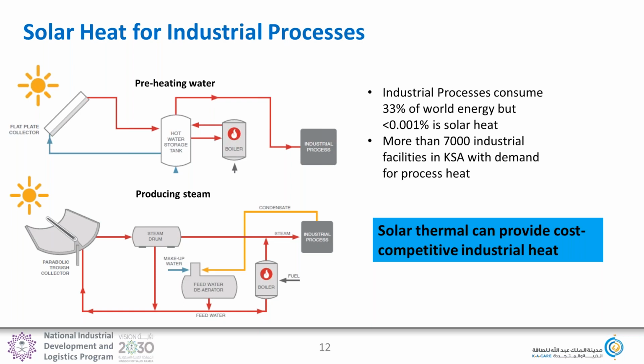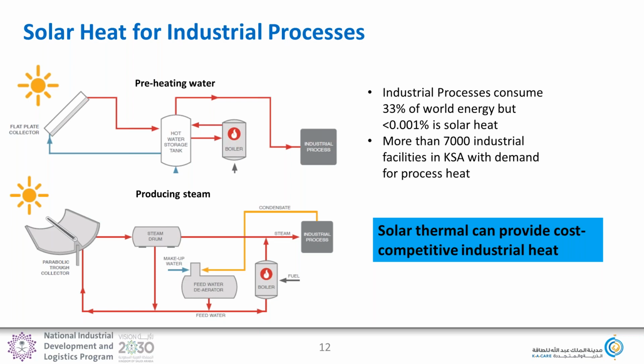So the first topic that I mentioned here is solar heat for industrial processes. We believe that there's a big opportunity for using concentrating solar not to produce electricity, but to provide process heat. And as you know, the REPTO program is including concentrating solar power for electricity generation.